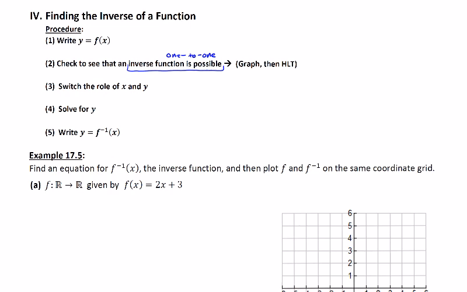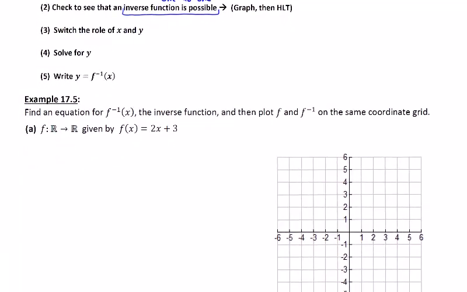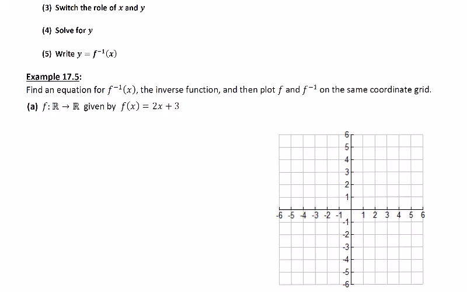So I think that's where we're going to start. Let's go ahead and look at example 17.5, and we can always come back and look at some of these steps a little more closely. 17.5 says find an equation for f inverse of x, also known as the inverse function. We know that already. Then plot f and f inverse on the same coordinate grid.